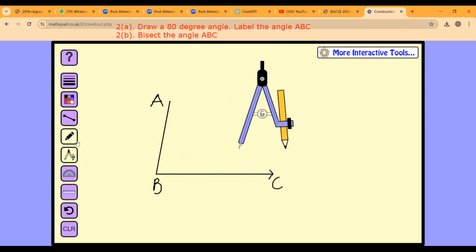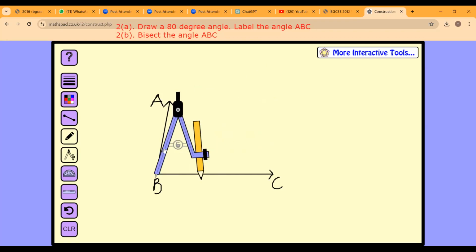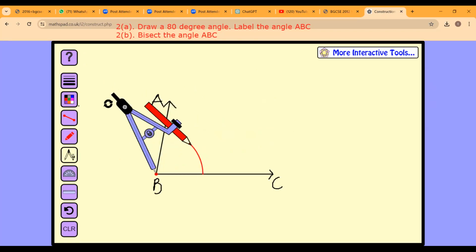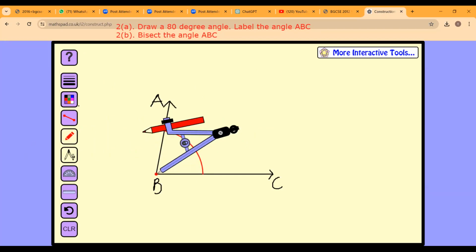By the way, let me call this a ray. Let me represent this as a ray. All right, right here. I'm gonna lock this in. And we're gonna draw an arc, right? So we're gonna draw an arc up here.